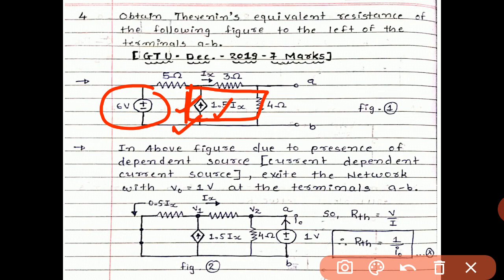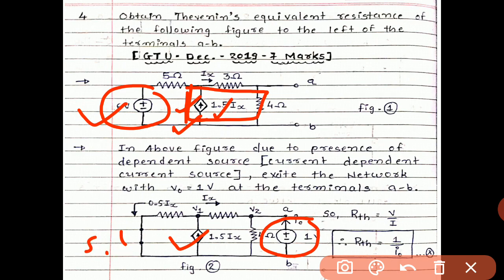we excite the network with 1 volt at the terminals AB. For convenience, we introduce a 1 volt source between terminals A and B. At that time our main source, the 6 volt source, is short circuited over here.